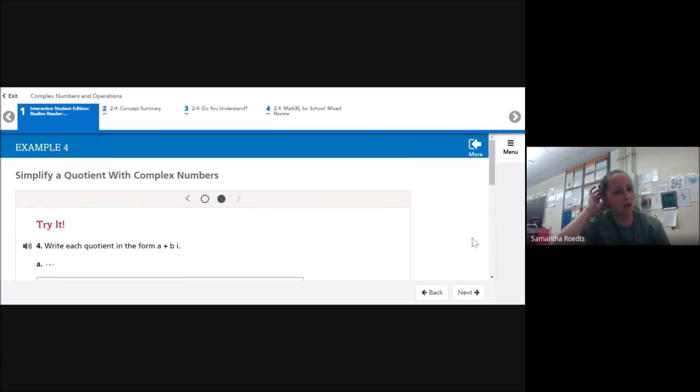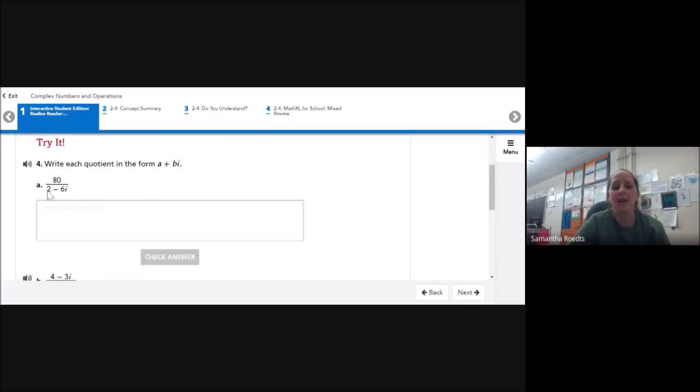All right, so let's go ahead and try it. Write each quotient in the form a plus bi. So I have 80 over 2 minus 6i. So 2 minus 6i, and the complex conjugate for this is 2 plus 6i.